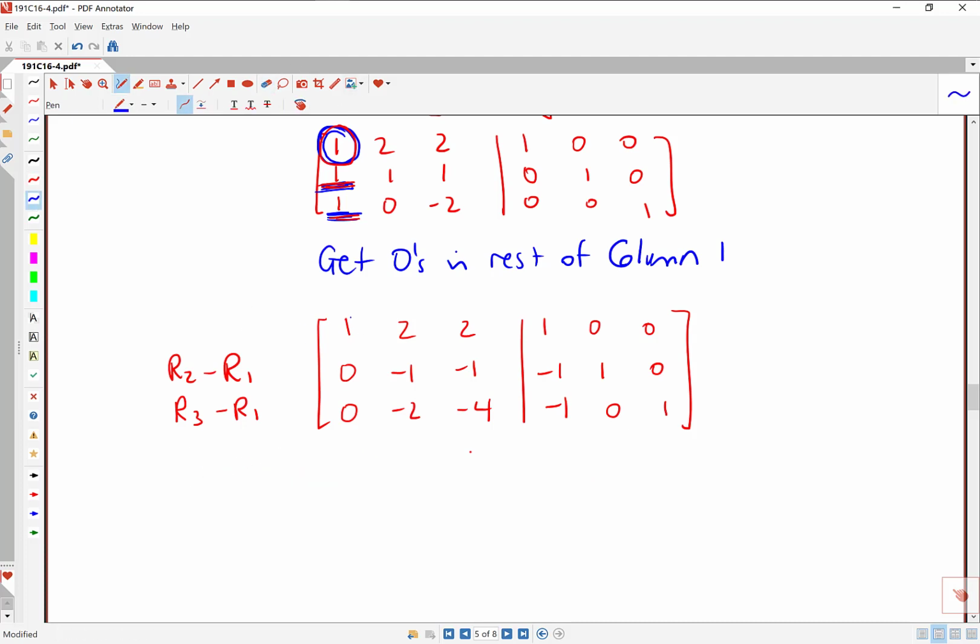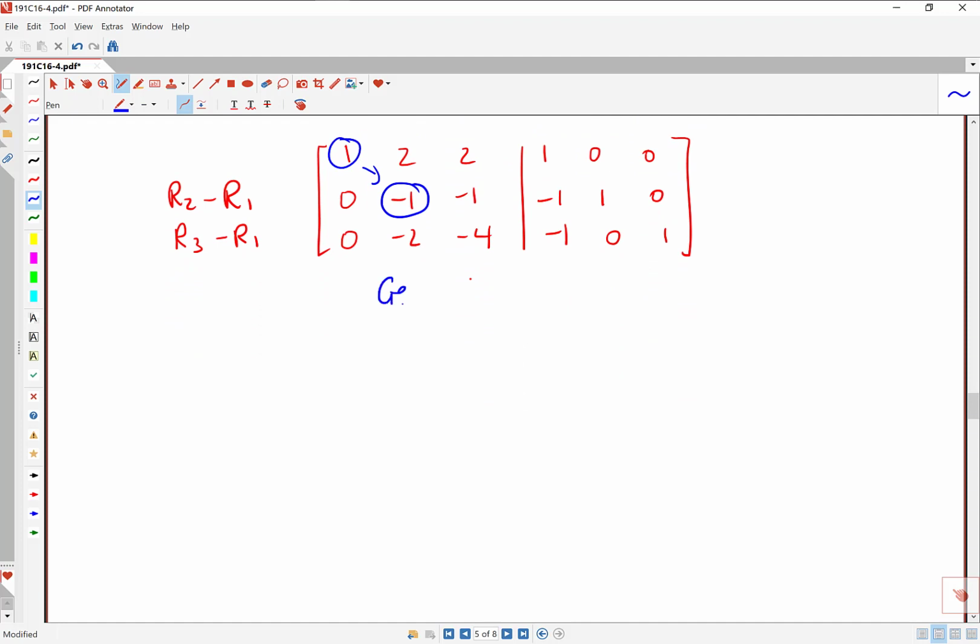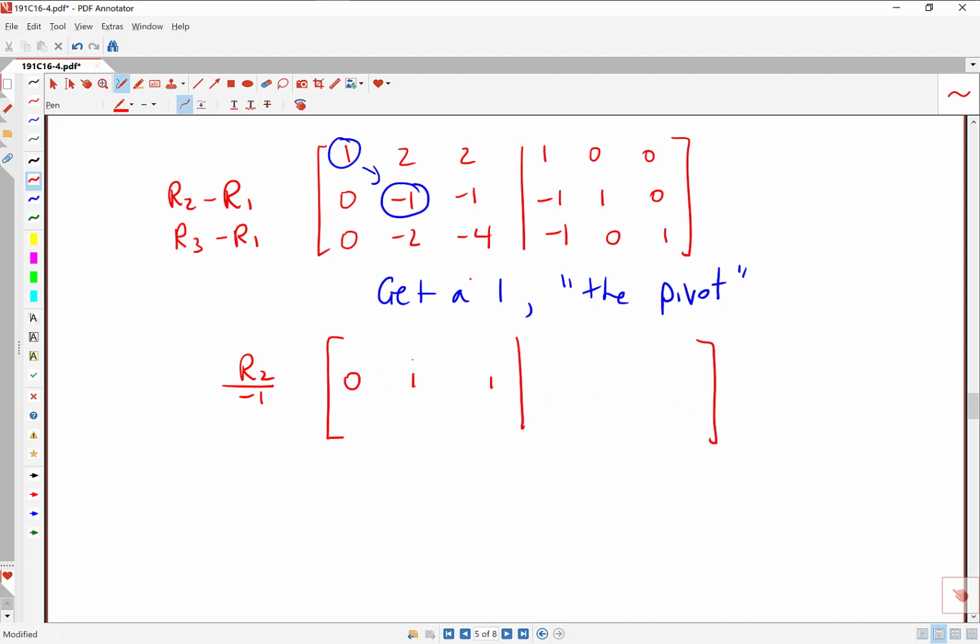So from our previous pivot, we're going to move down and to the right, and we want our new pivot to be in this position. So we're going to get a 1, which we're calling the pivot, in that central position in our matrix. The way we're going to get a 1 is just divide our row by an appropriate number. So we're going to go row 2 divided by -1, and that's just going to cause a sign change all across that middle row of our matrix.